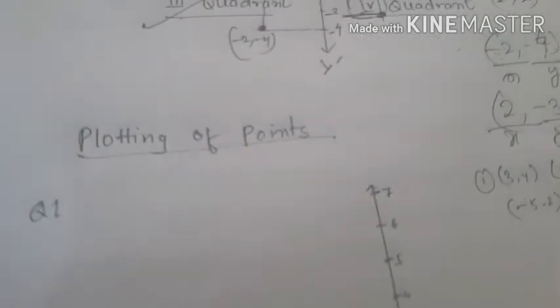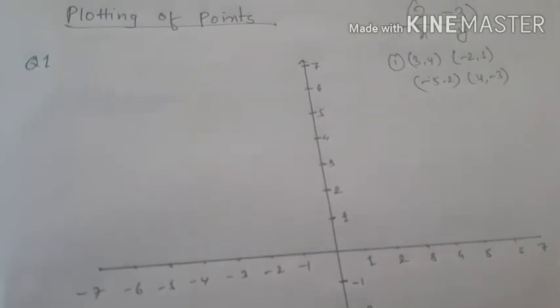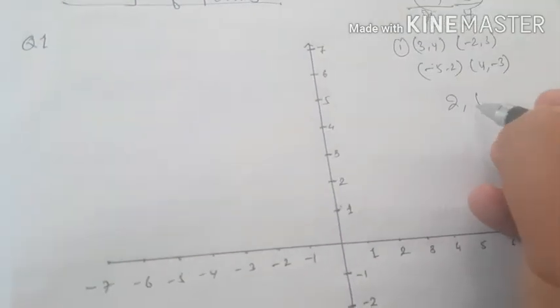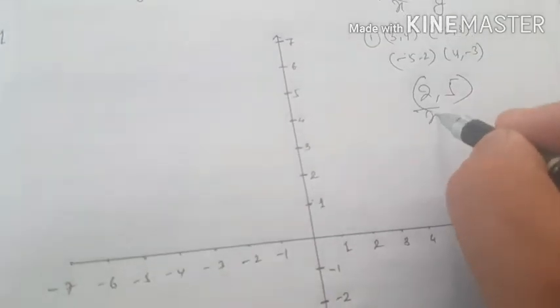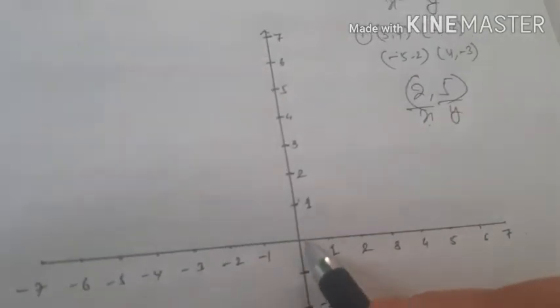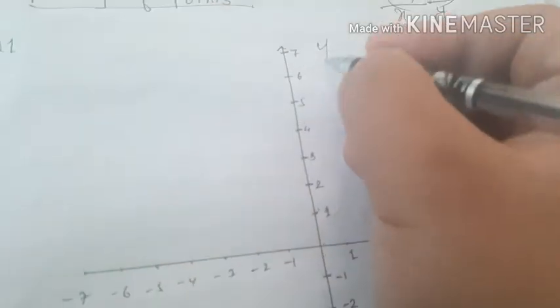Okay, now let us try to plot the points. In this part, how will we plot it? Look, suppose let me take (2, 5). I'm plotting the first point, (2, 5). This is your x and this is your y. So x is 2, means this is my x-axis, this is my minus x, this is my y, and this is my minus y.